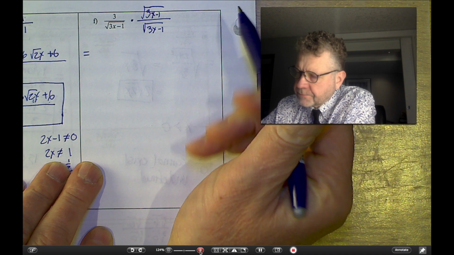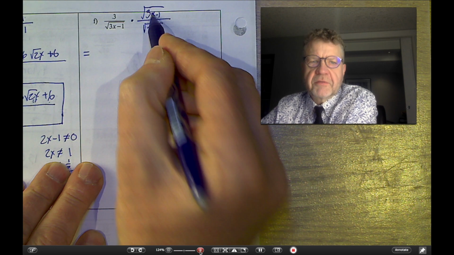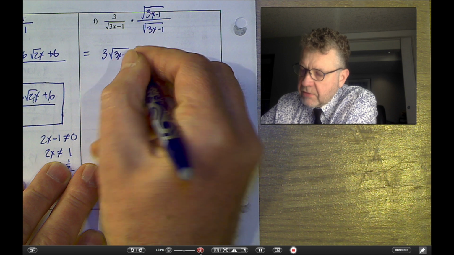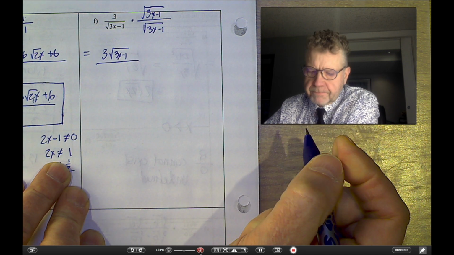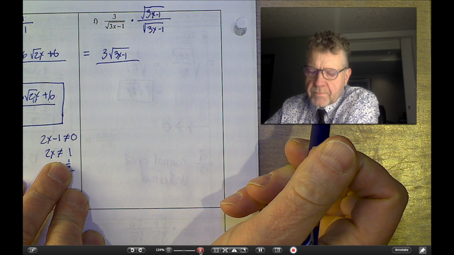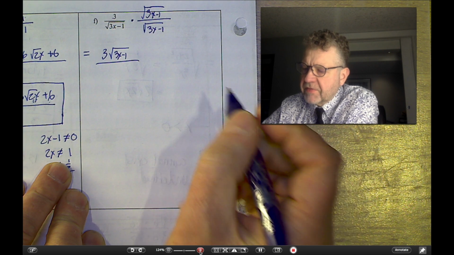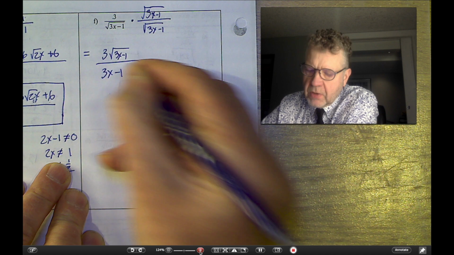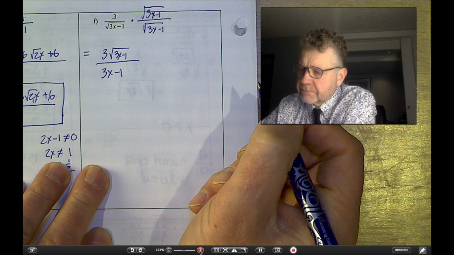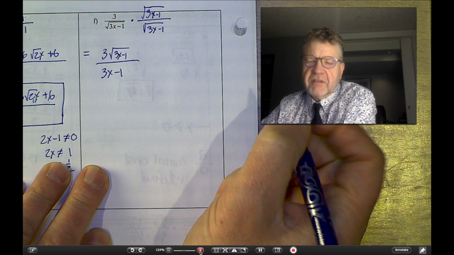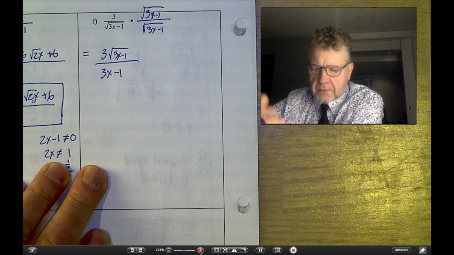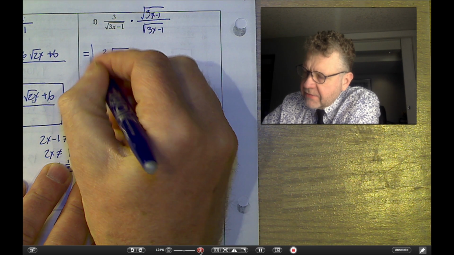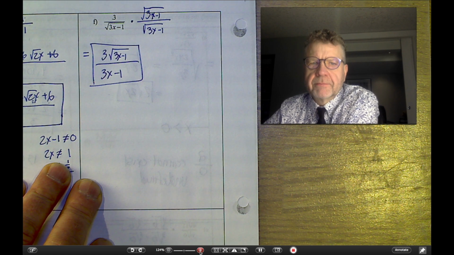Well, 3 times 3x minus 1 is simply 3 times 3x minus 1. Easy peasy, lemon squeezy. Square root of this times the square root of that. Again, pretty easy. 3x minus 1. Boom, just like that. So there's your answer. I can't simplify that anymore.